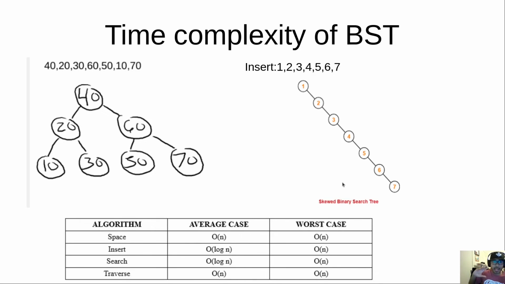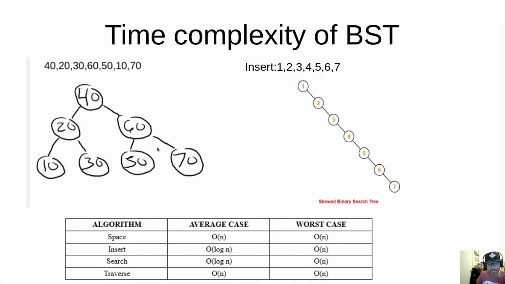All right. And so we have the time complexity of a binary search tree. Let's say we insert 40, 20, 30, 60, 50, 10, 70. Over here, as you see, we have a perfect binary tree. It's balanced.